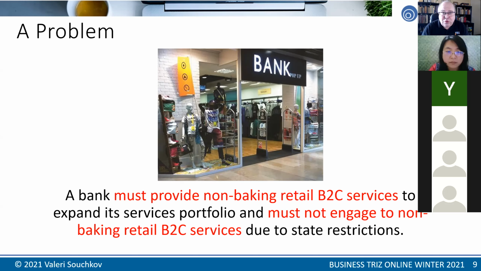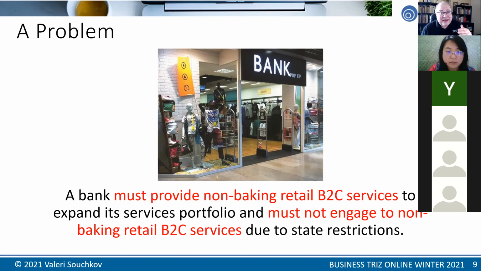But what do banks usually do? What is the main product of the banks? The banks sell money. So the idea was as follows: when a consumer wants to buy a TV set, for example, the consumer is not really paying money for purchasing the TV.